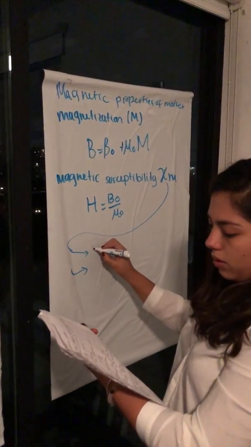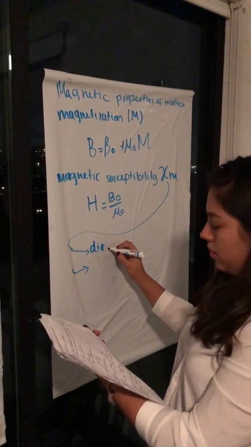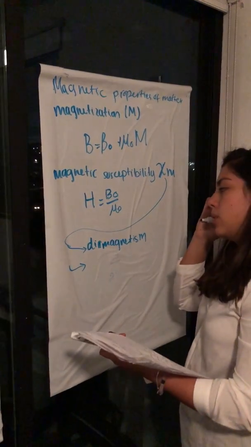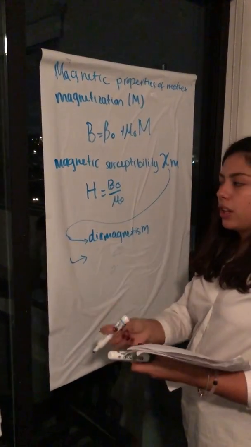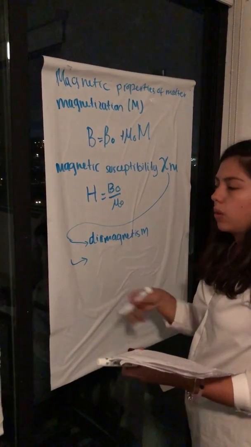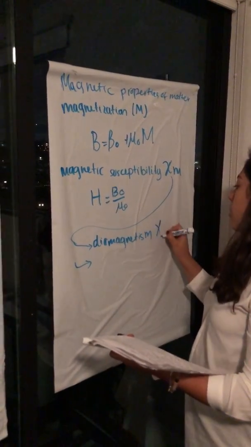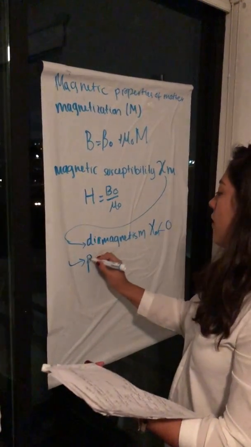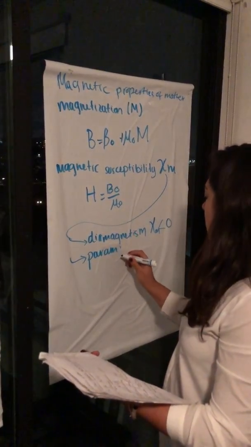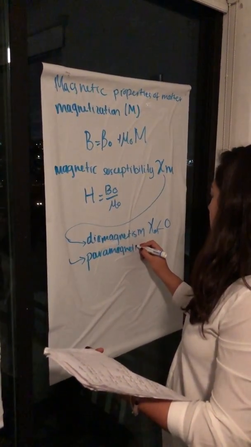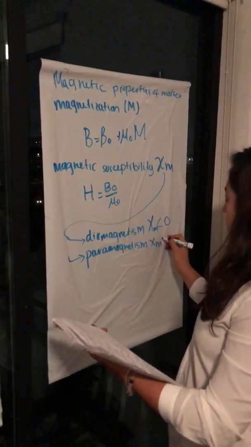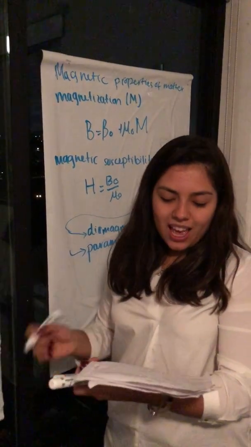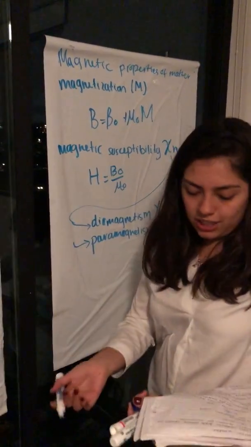Either it is diamagnetism, which means that once the magnetic field is applied, the dipole moments will align against the current, and we will also have paramagnetism. And this is where the magnetization lines up in the same direction as the magnetic field.